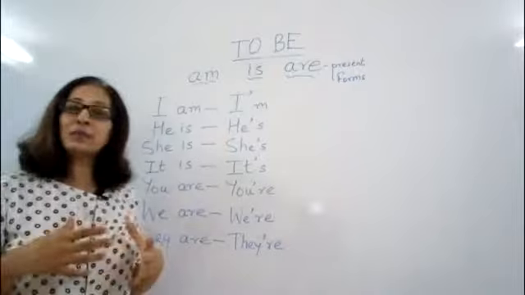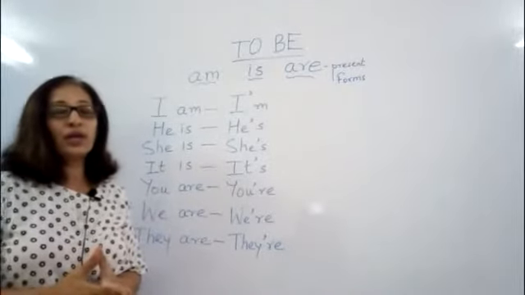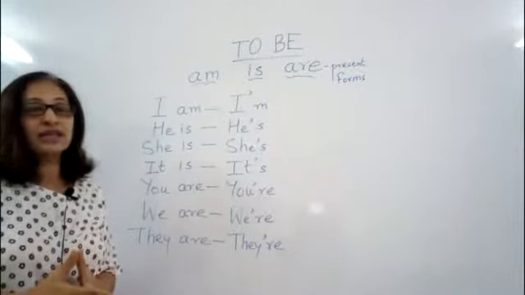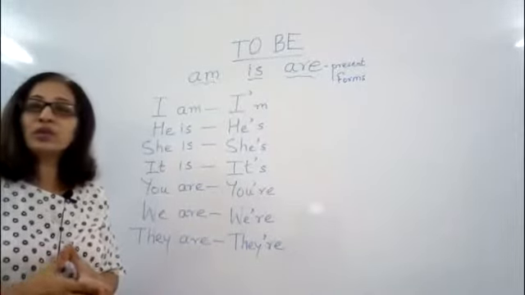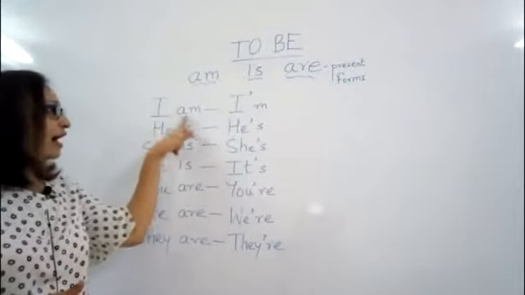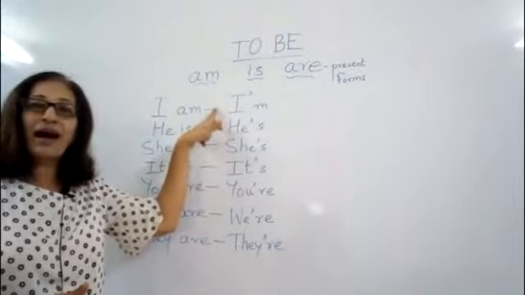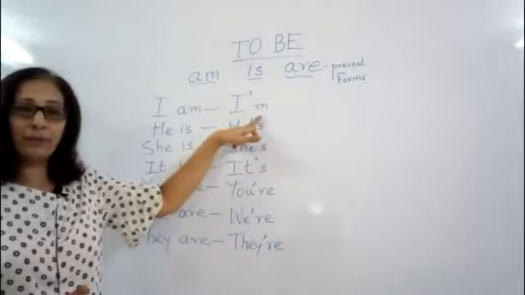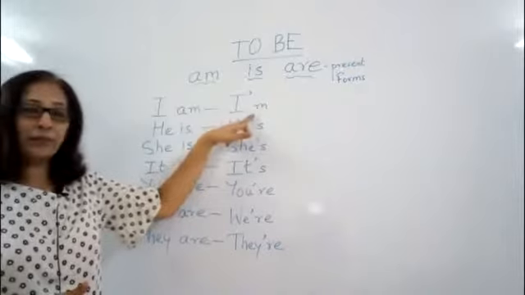Now when we speak in English, we usually use the contracted forms. Okay, in spoken English we usually use the contracted forms. Now the contracted form of I am is I'm: I, an apostrophe and then M, I'm.